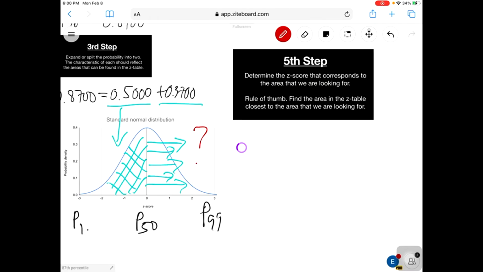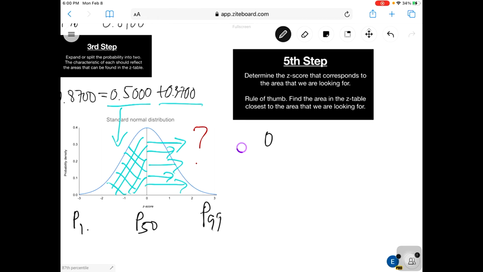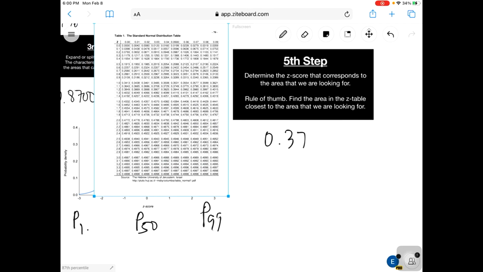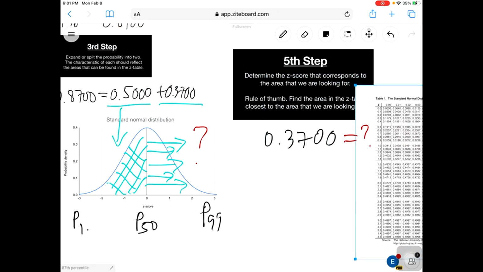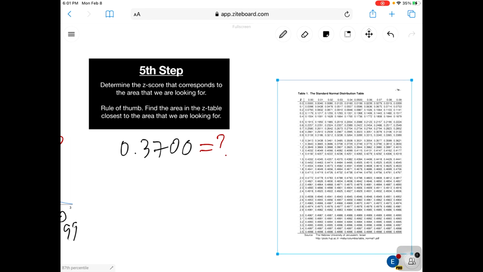So remember, the missing area is 0.3700. This is our missing area. We do not know the z-score yet, so question mark. Then we have to move this to the right and make it a little bigger.